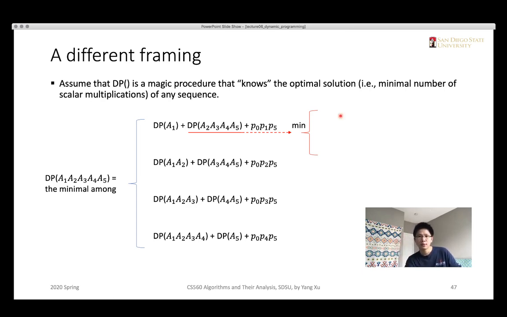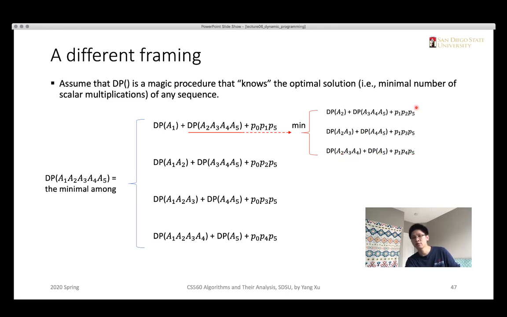So we could possibly decompose the chain from A2 to A5 into A2 and A3 to A5, right? And there comes additional cost of multiplying the two resulting matrices. Or we can split by A2, A3 and A4, A5, or A2, A3, A4 and A5, right?